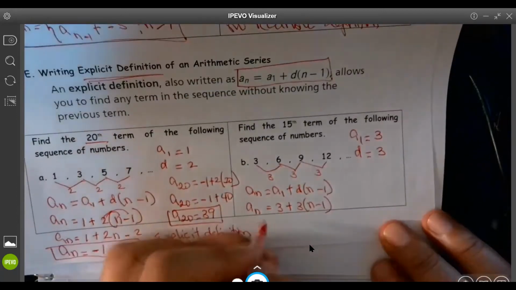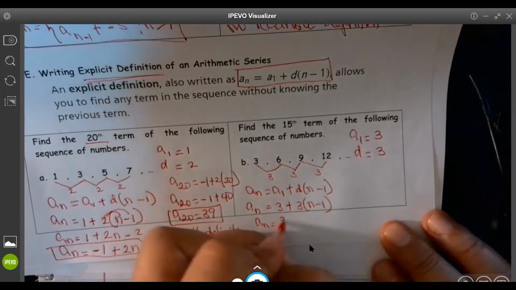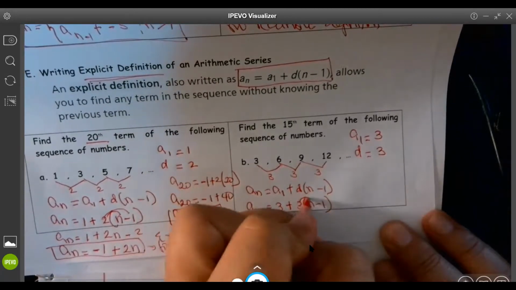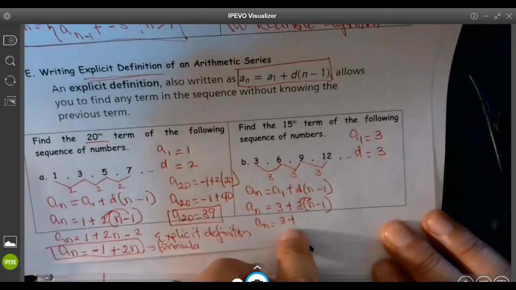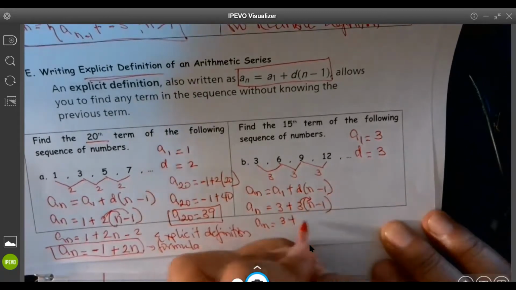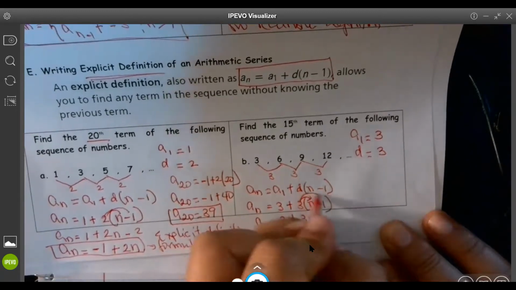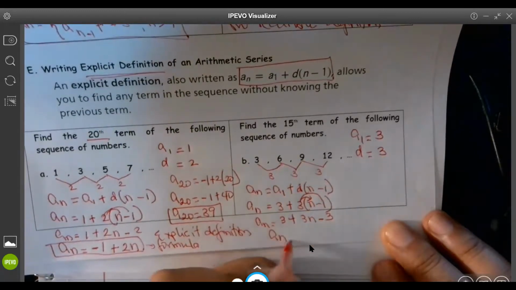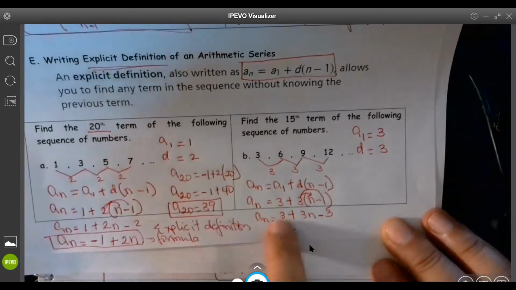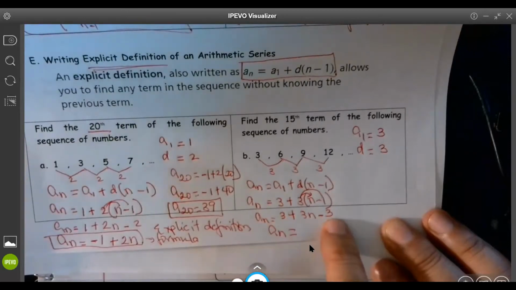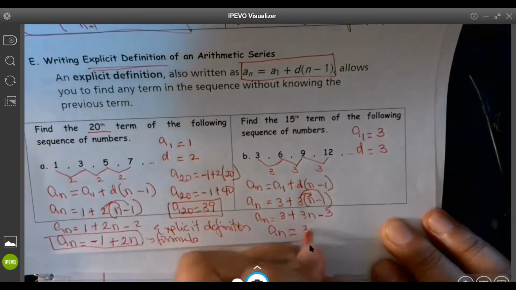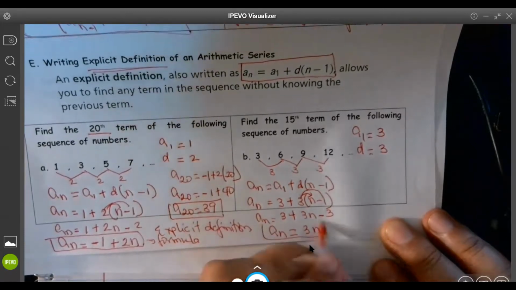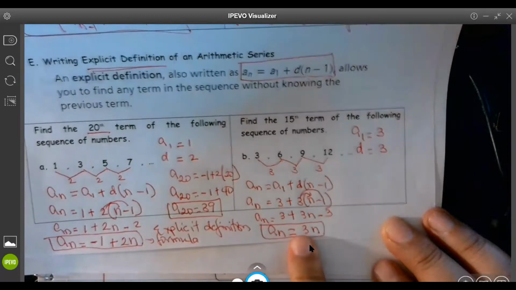And then let's simplify. an is 3 plus parenthesis, so distribute. 3 times n is 3n. 3 times negative 1 is negative 3. So now an is equal to 3 minus 3, combine the numbers. 3 minus 3 is 0, so I just cancel that. And so the explicit formula or explicit definition is 3n.